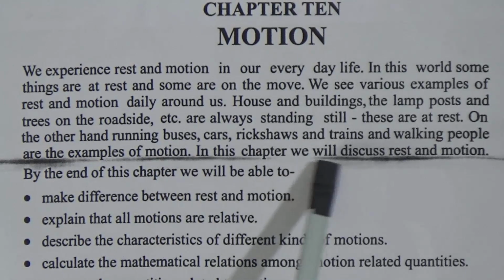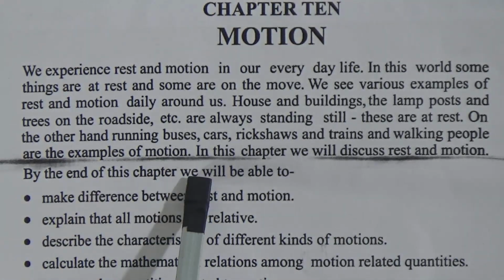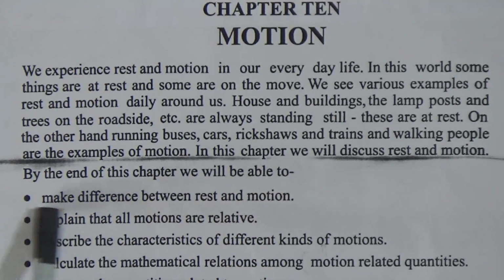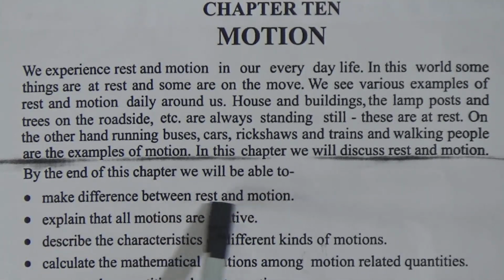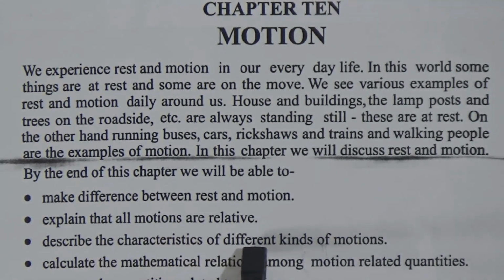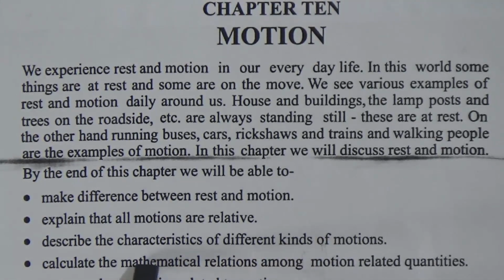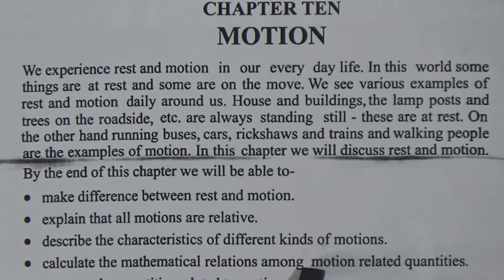In this chapter, we will discuss rest and motion. By the end of the chapter, we will be able to know the difference between rest and motion. Rest and motion are relative. We can describe the characteristics of different kinds of motion. We can calculate the mathematical relation among the motion related quantities.